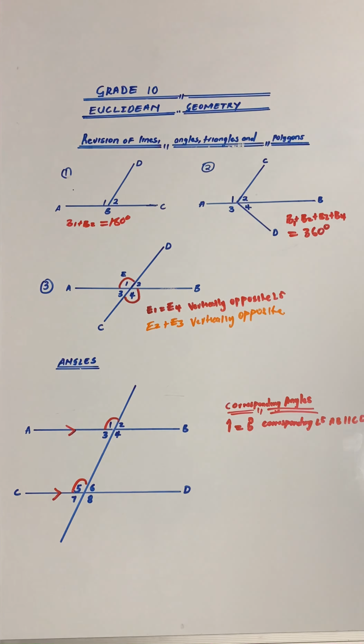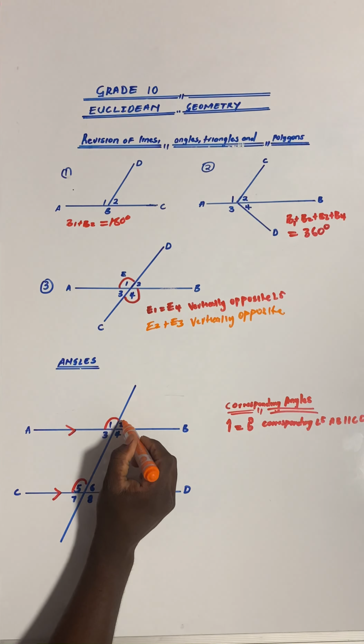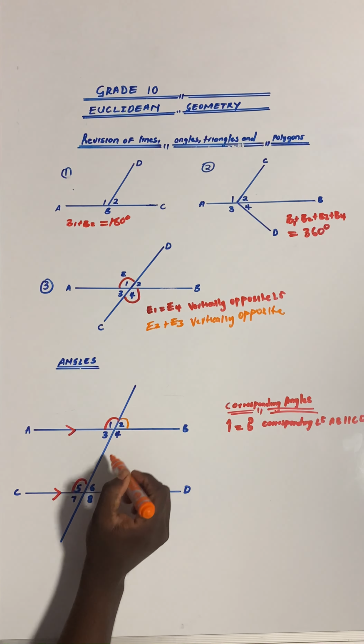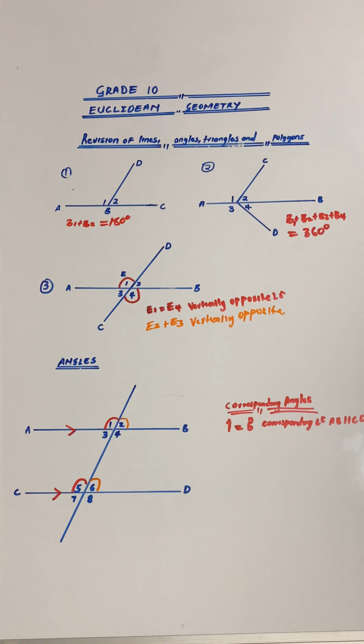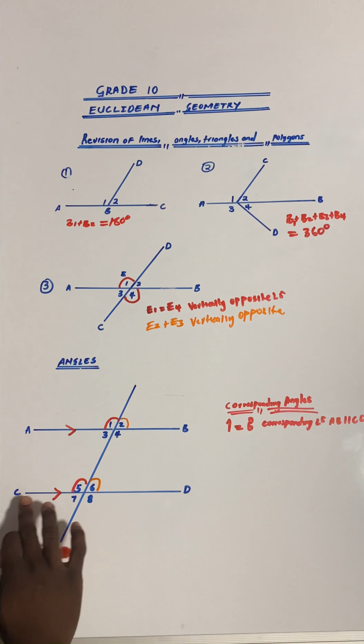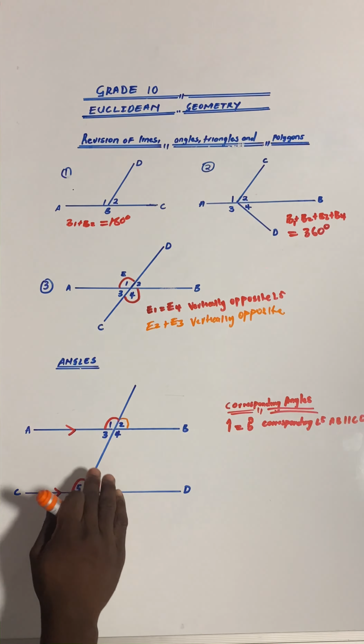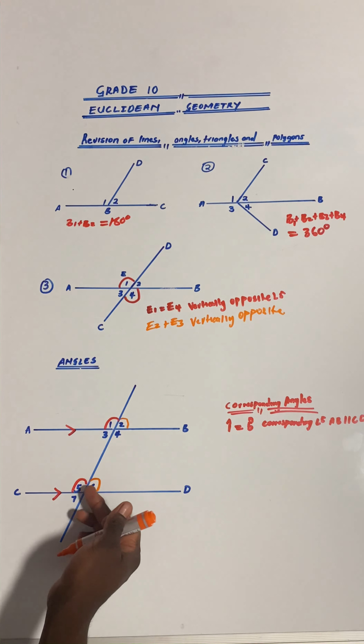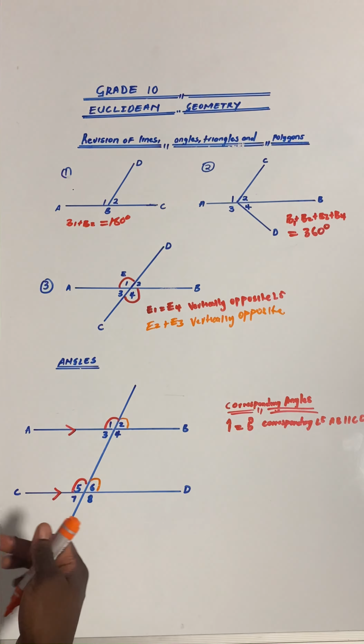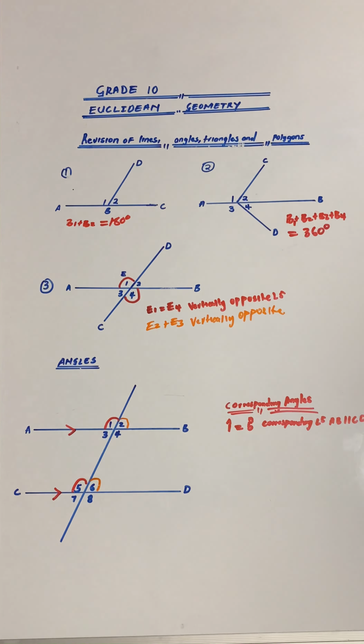Where are the other sets of corresponding angles that we can get? 2 and 6. So you can see that if we look on top of each of these lines, on the right hand side we have 2 and 6. That's another way in which you can look at that. Others tend to say that this forms an F shape.